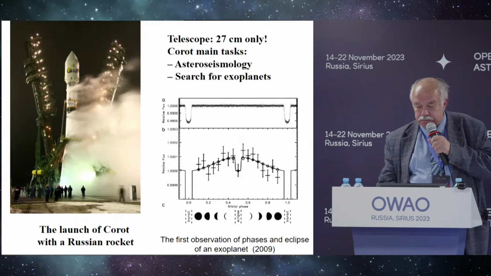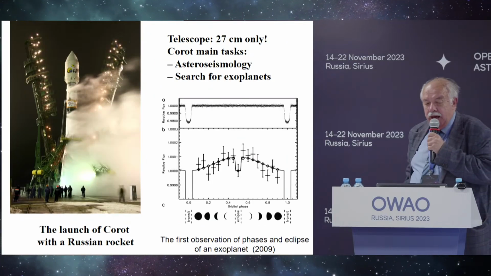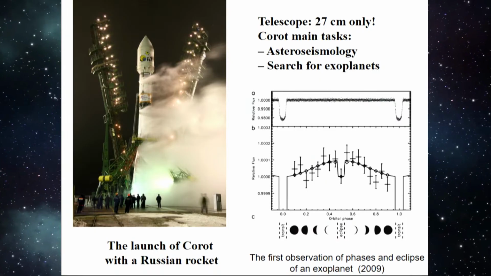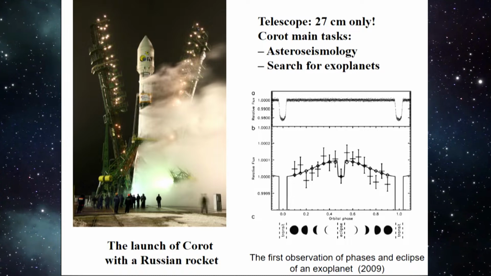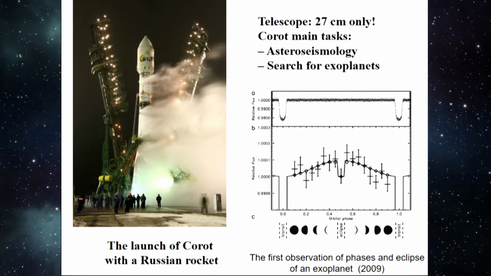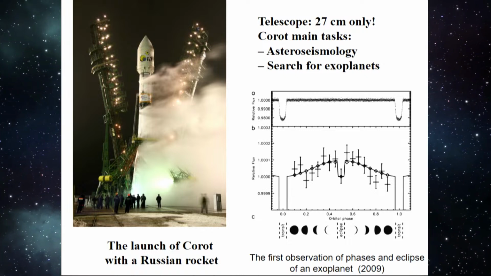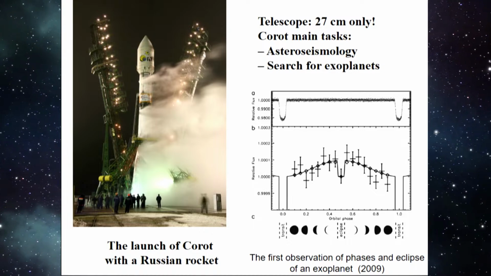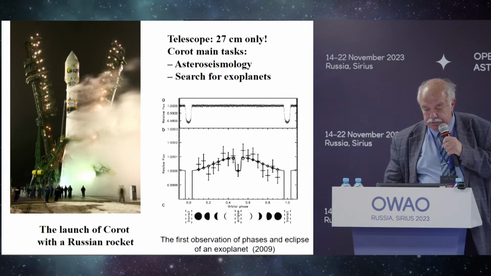Well, Kepler I have already mentioned. And Owao had a telescope of 27 centimeter diameter only, very small one. But being put into outer space, it permitted to observe variability in very fine detail. Look here.